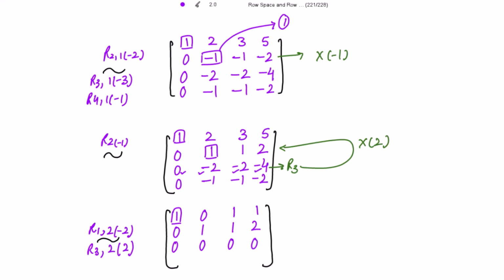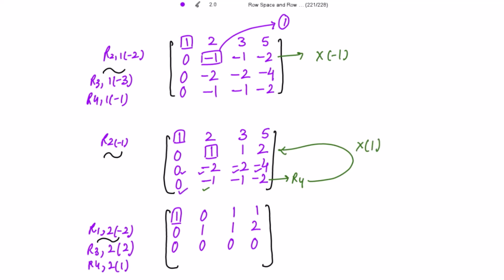At last, to get 0 in place of -1, row 4 needs to be changed by adding to it row 2 multiplied by 1. 0 times 1 is 0, adding this to 0 we get 0. 1 times 1 is 1, adding this to -1 we get 0. 1 times 1 is 1, adding this to -1 we get 0.